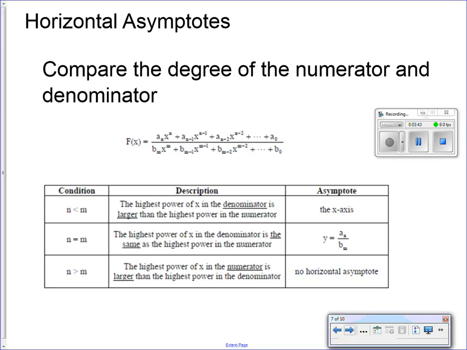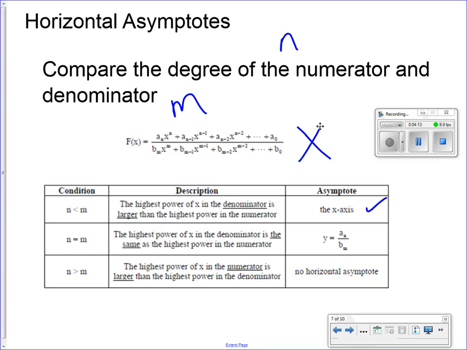So how do you find a horizontal asymptote? You're going to compare the degree of the numerator to the degree of the denominator. You don't need to write this down. But the degree in the numerator we're just going to call n, and the degree in the denominator m. So if n is less than m, then your horizontal asymptote is on the x-axis.